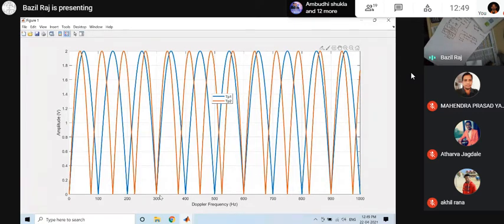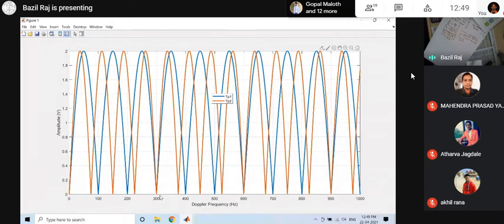Understand? If the target is traveling at 100 Hz Doppler, that cannot be detected by FP1, but it can be detected by FP2, because FP2 does not have a blind speed at 100 Hz.